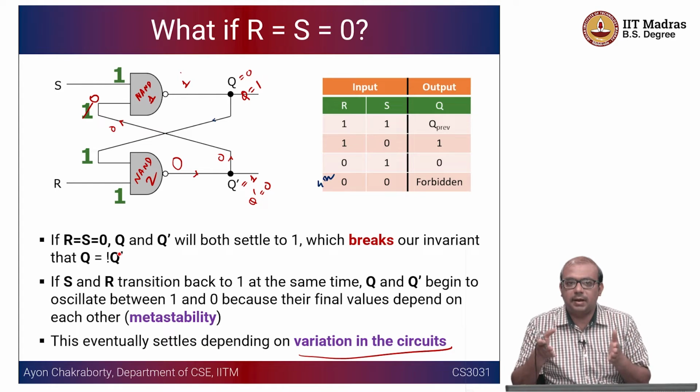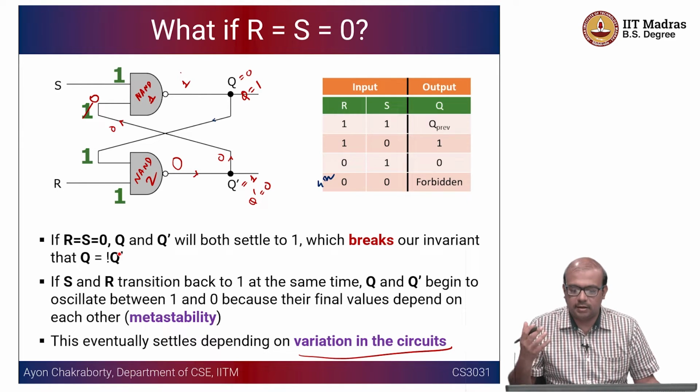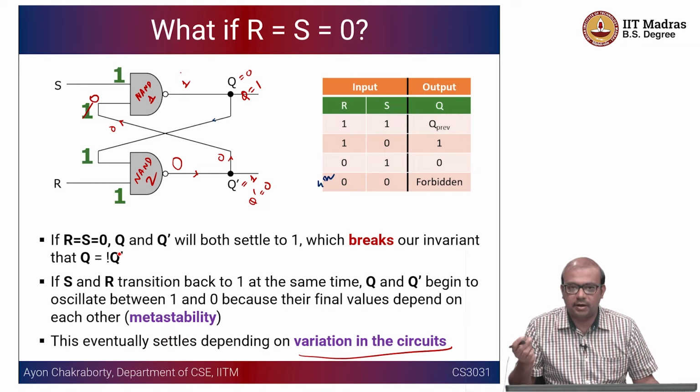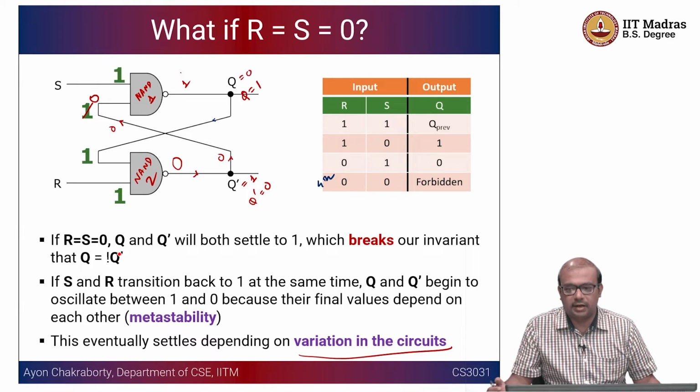A finite amount of time is taken to receive the output, and that finite amount of time may slightly vary from gate to gate as a hardware manufacturing artifact. Every hardware is different, so their gate delays might not be exactly the same, and we are talking about nanoseconds. Somebody can take let's say 10 nanoseconds, whereas the other gate takes 11 nanoseconds or 9 nanoseconds.